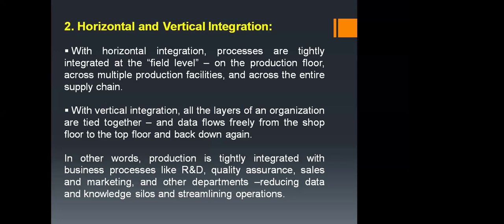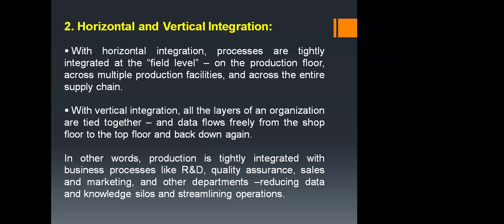So the horizontal integration part is related to the technology for manufacturing or production, and vertical integration relates to the production management part, how the information goes to the top level from the shop floor. In other words, production is tightly integrated with business processes like R&D, quality assurance, sales, marketing, and other departments, reducing data and knowledge silos and streamlining the operations.